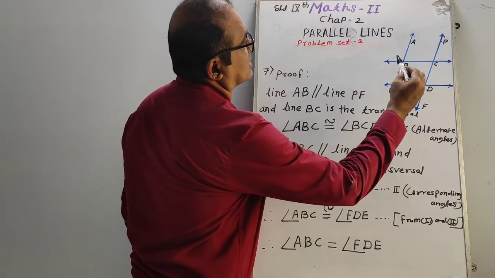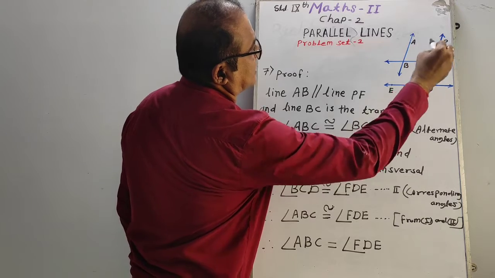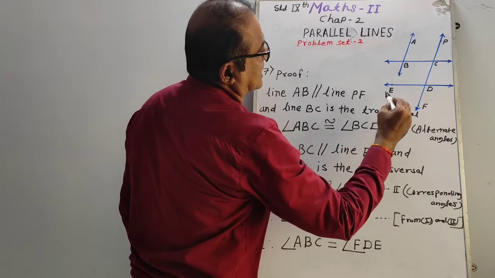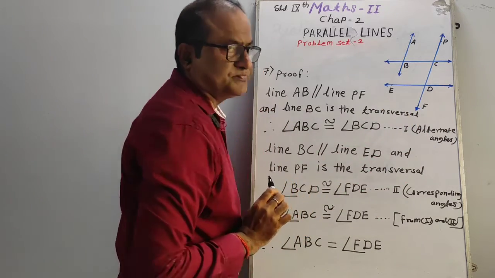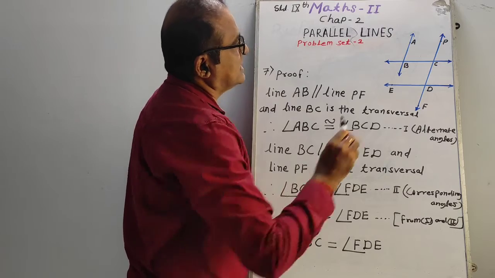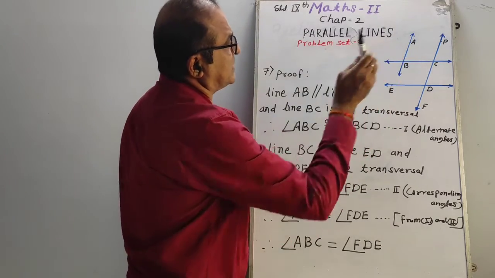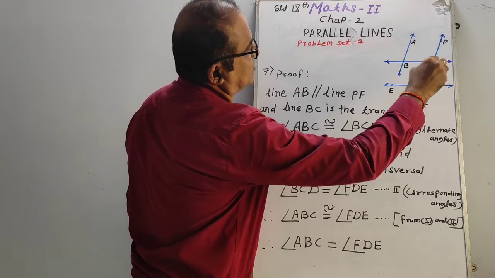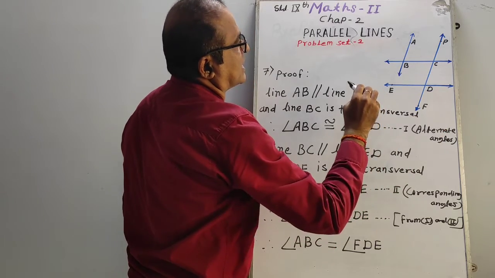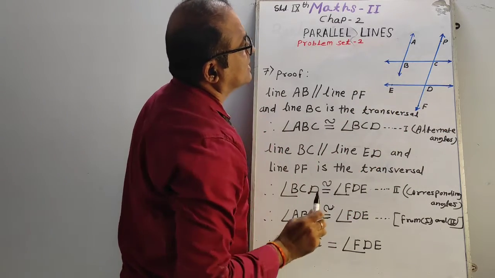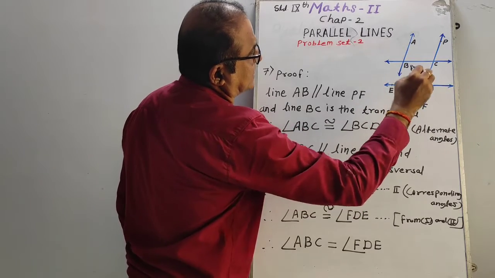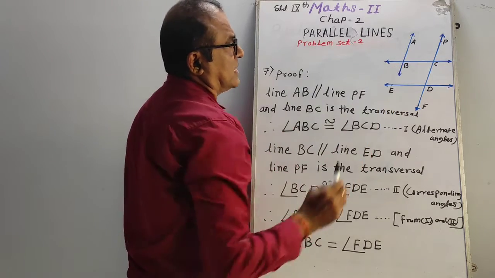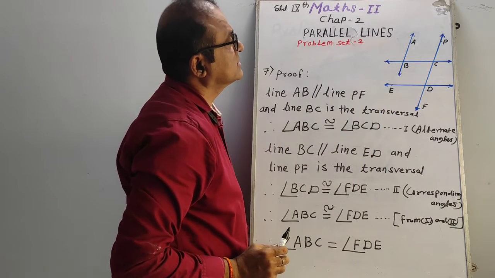First, draw line AB, line PF, and then line BC and line ED. In this figure, first line AB is parallel to line PF and BC is the transversal, then angle ABC and angle BCD are alternate angles, and alternate angles are congruent.